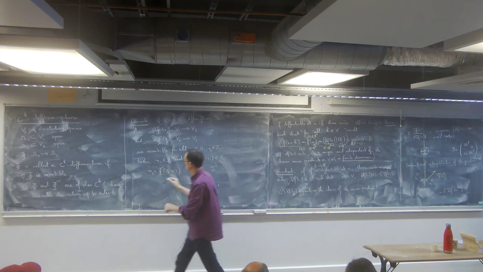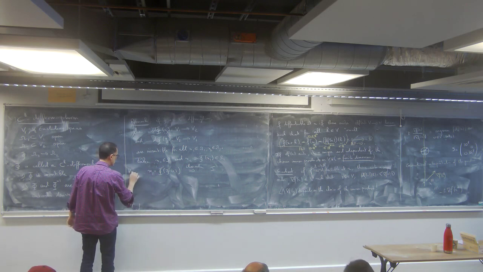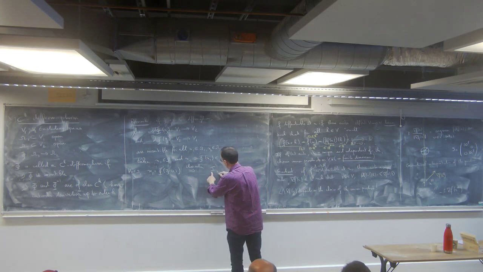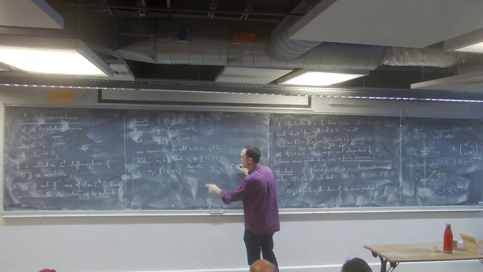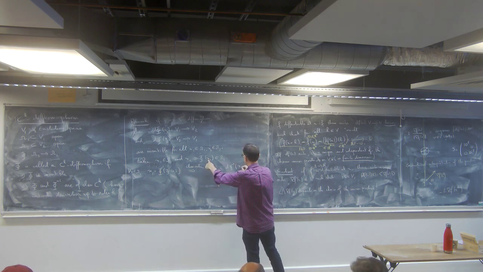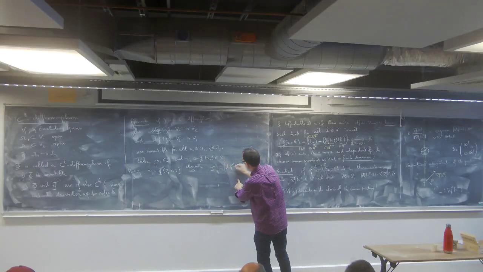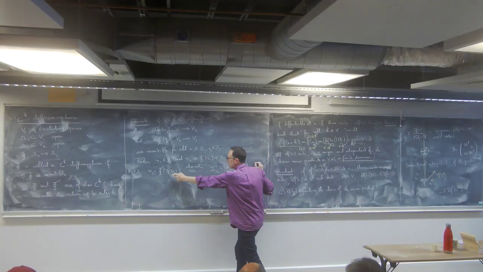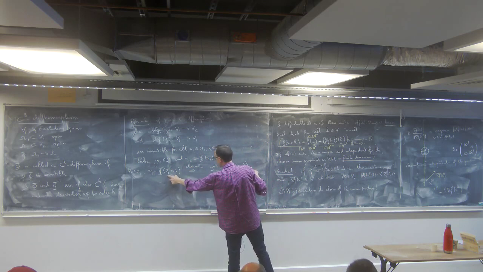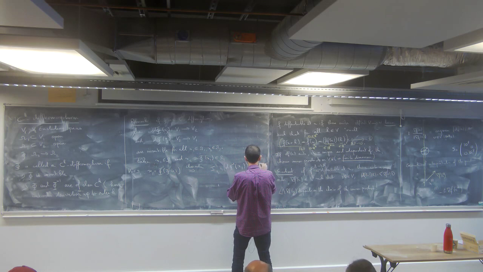Here I work in Omega 1, so this is the identity of the space V1, and this is the derivative of phi minus 1 at point phi of x1, so this is x2, multiplied by the derivative of phi at x1.